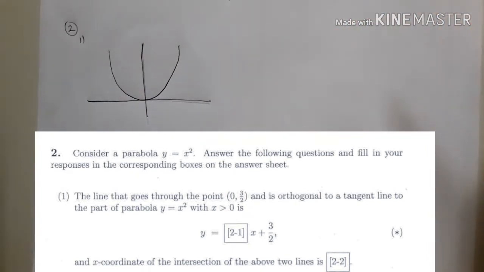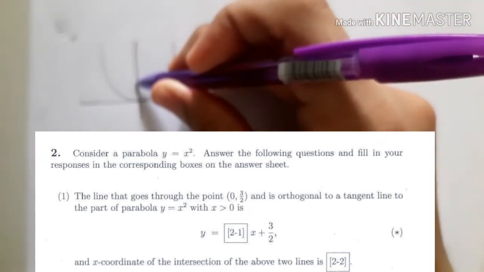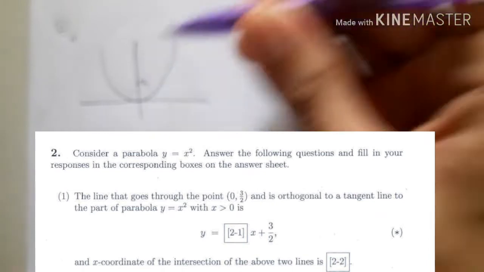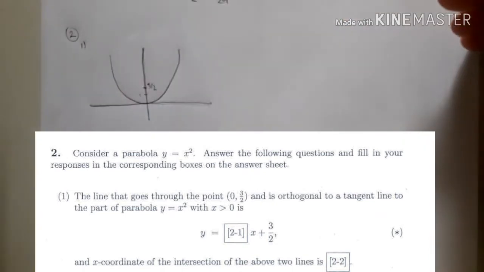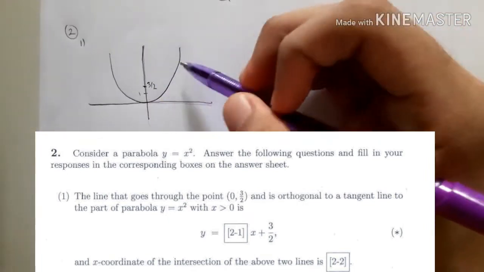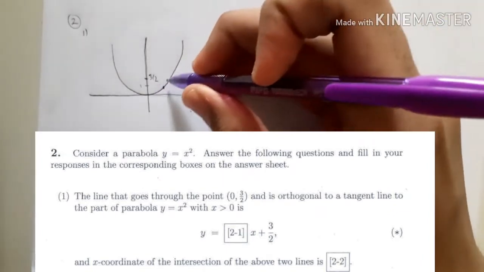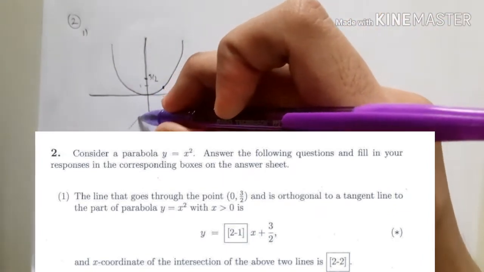And number 1, the line that goes through the point (0, 3/2) and is orthogonal to a tangent line to the part of the parabola y equals x squared with x greater than 0 is what? Basically it's saying that in the part where x is greater than 0, there's a tangent line, for example at this point on the graph.